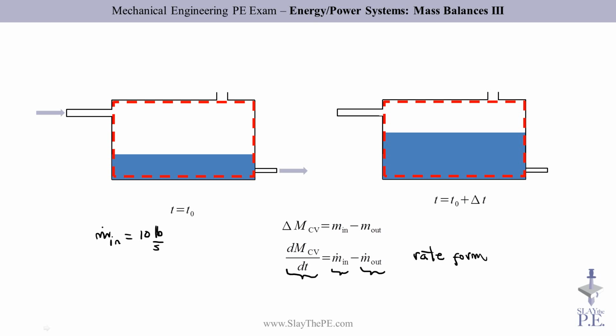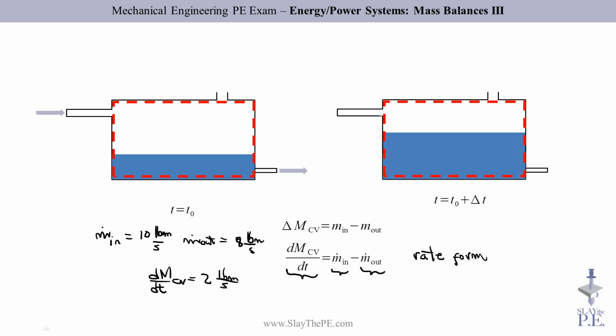Indeed, if you have mass coming in at a rate of, say, 10 pounds per second, and the mass coming out is doing so at a rate of, say, 8 pounds mass per second, therefore the rate at which the mass is changing within the control volume is 2 pounds per second.